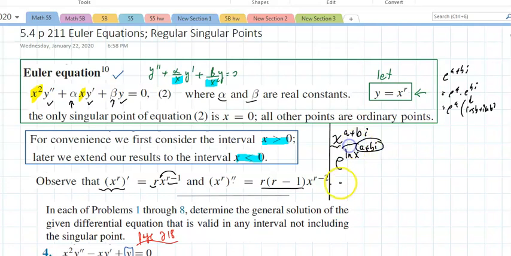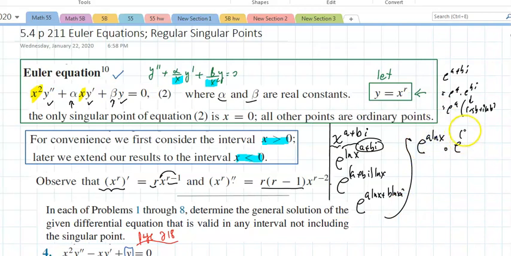So what we do, we say, all right, we can make that exponential. Property of logs. Wouldn't that be e to the a natural log of x plus b natural log of x i? Wouldn't that be e to the a natural log of x times e to the b natural log of x i? Now, can't I reverse this?